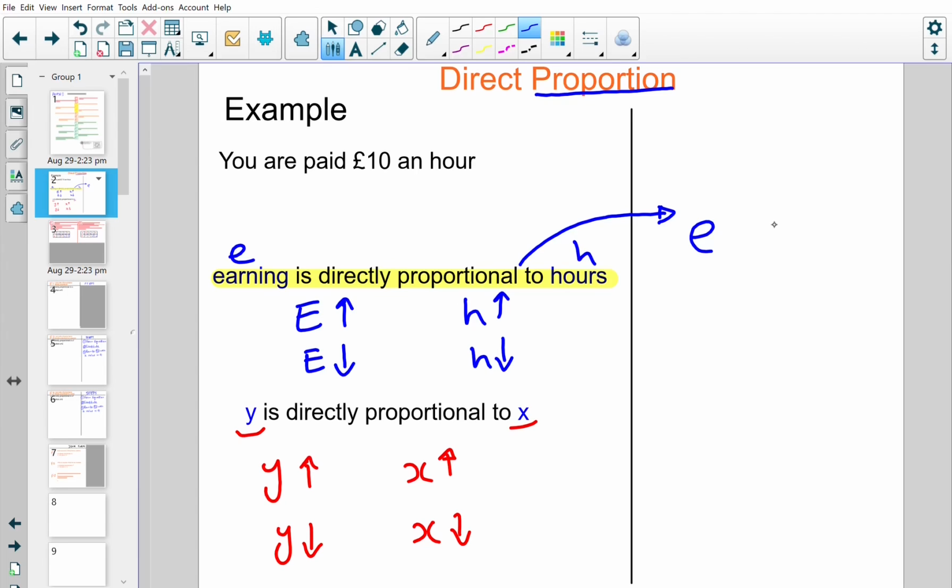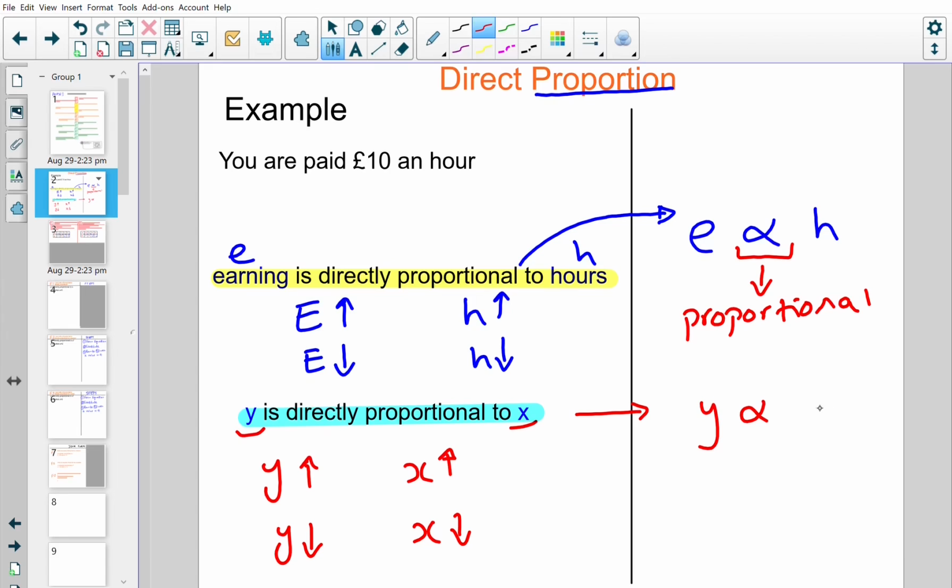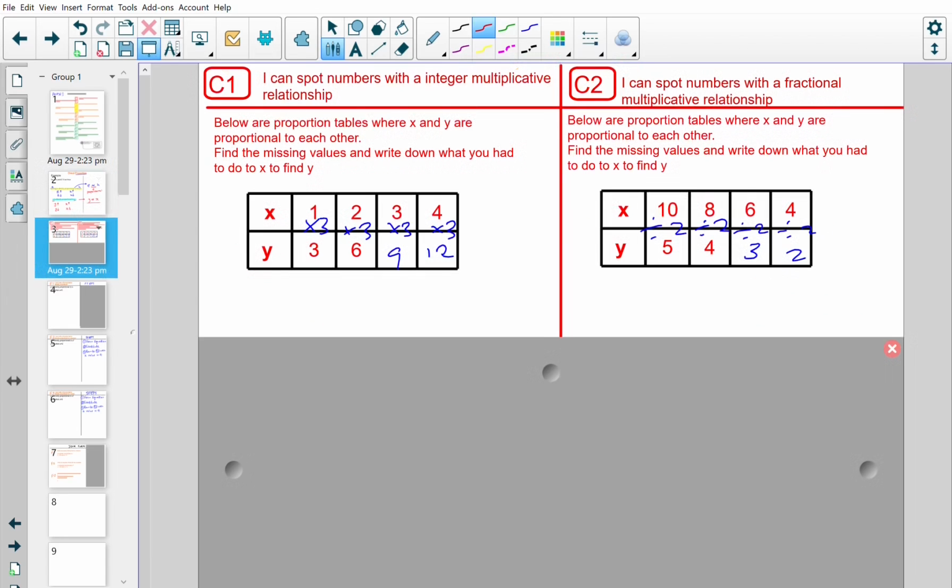Earning is proportional to hours. This symbol here is your proportional symbol. Similarly, Y is directly proportional to X would be, yes, you've guessed it right, Y directly proportional to X.